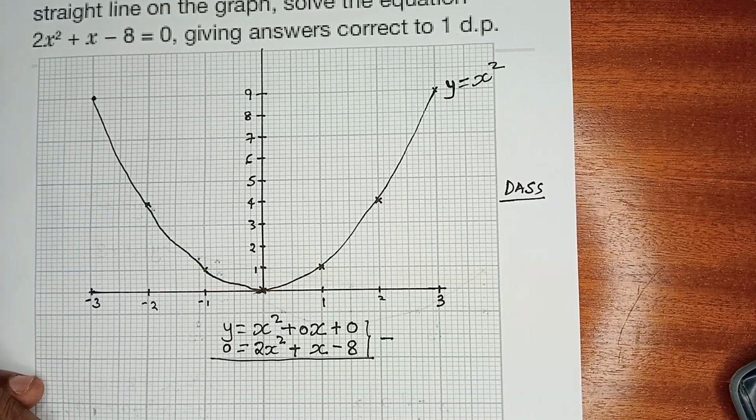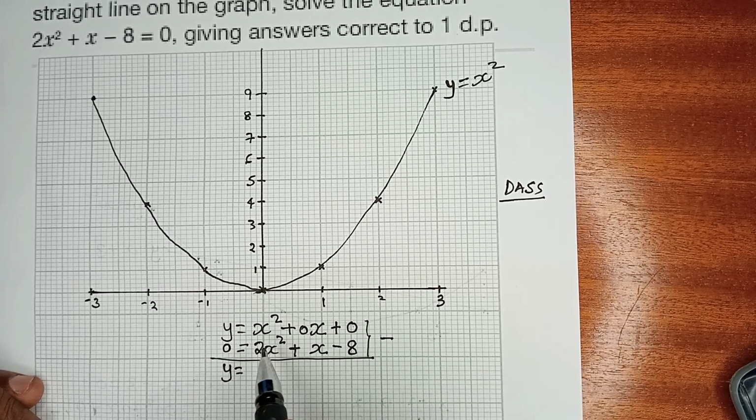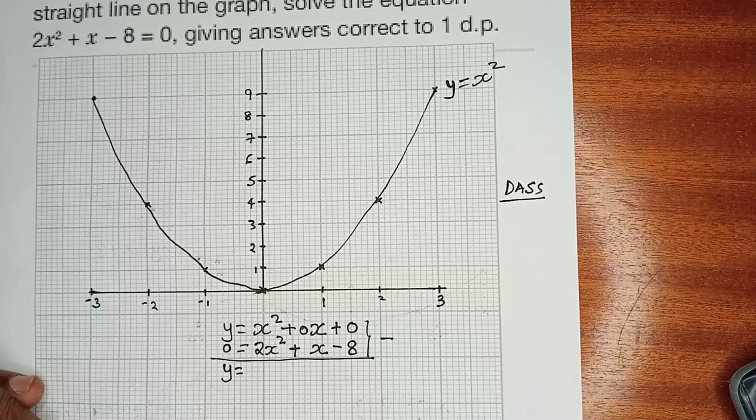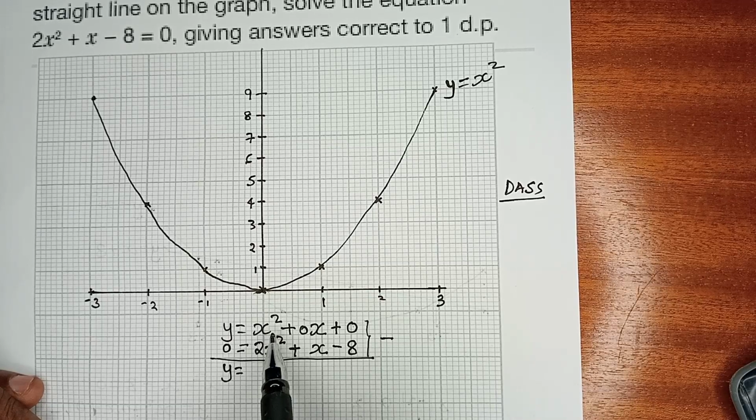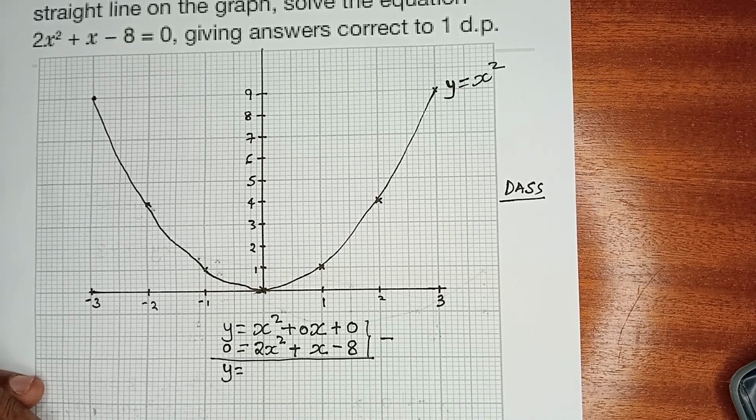And let's go. y minus 0 is y, and therefore x squared minus 2x squared. Ladies and gentlemen, before we can go there, we have forgotten a step, and let me just explain it.